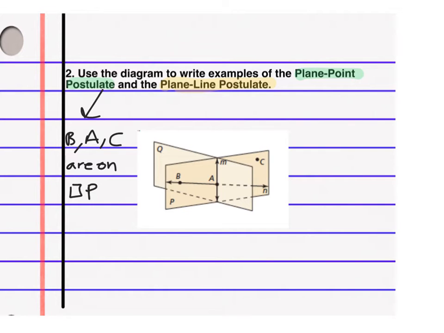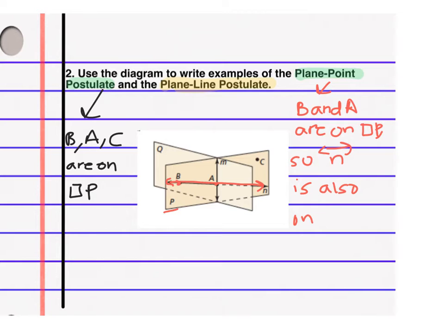I see B and A. So B and A are on plane C. Okay, so that means line N is also on plane P, or plane C. Or we can call it plane P. Okay, so points B and A are on plane P. Yeah, it's plane P. So line N is also on plane P.